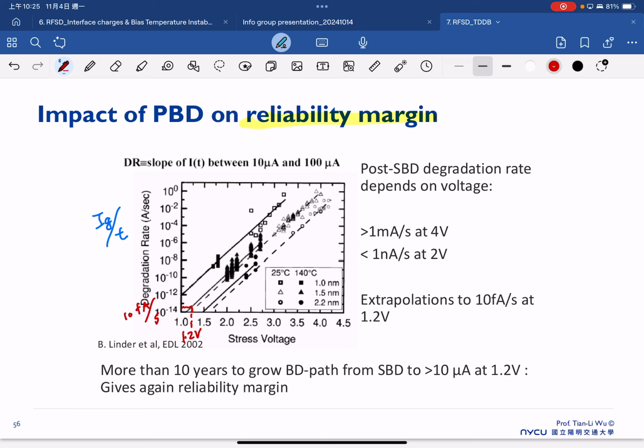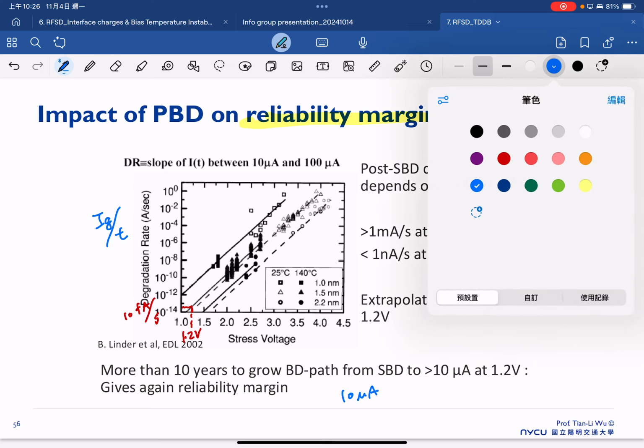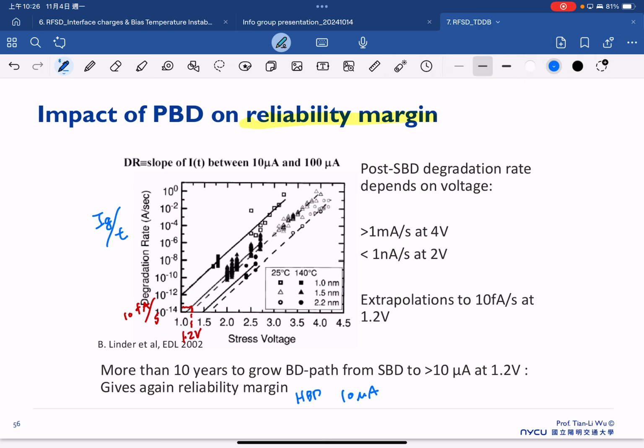If we consider the criterion to reach breakdown to be 10 microamp, 10 microamp as the hard breakdown criterion, we can use this number to estimate how long it takes to reach the hard breakdown criterion.